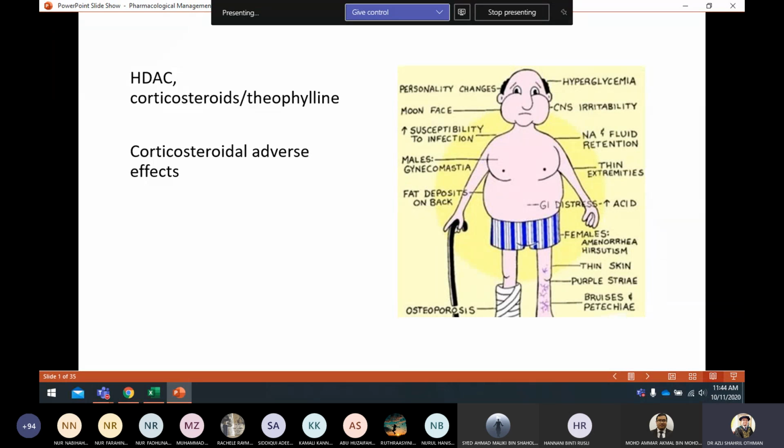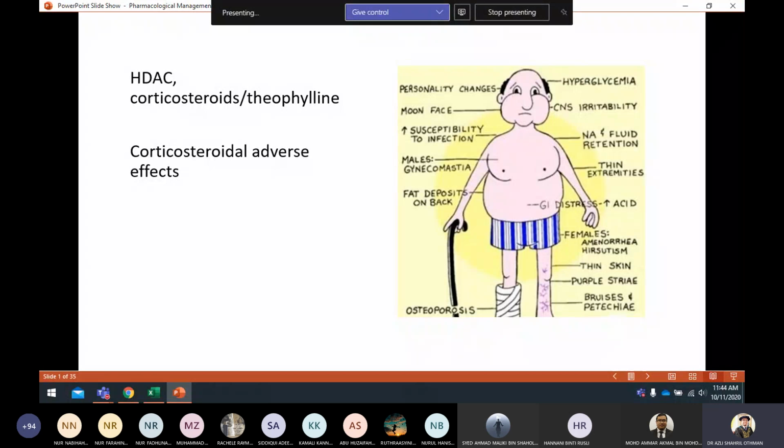Part of the reason is because they act on the same mechanism involving histone deacetylase. You can refer to Katzung, at least the 13th edition: in the very last paragraph describing the mechanism of action of theophylline, it mentions the role of the enzyme histone deacetylase.